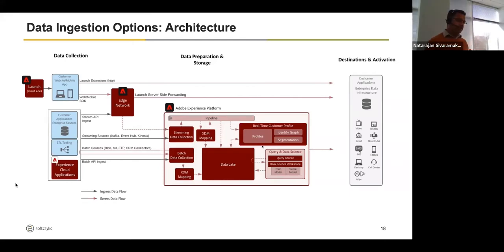AEP has something called workflows, where you can select a data source, and it provides an interface where you can use appropriate API credentials to connect to the source, extract the data, map it to your XDM schema, and then set up and schedule that process so that it continuously ingests the data and moves it into your AEP data lake. So these are the 3 different options that you have.